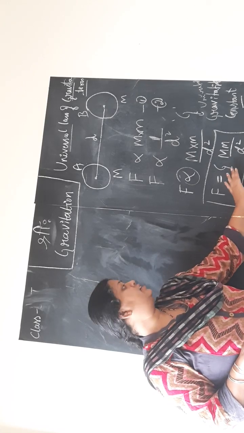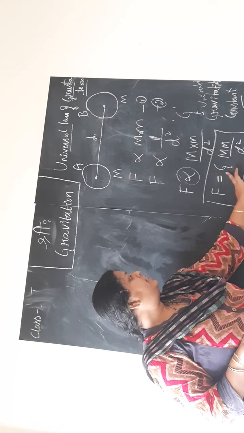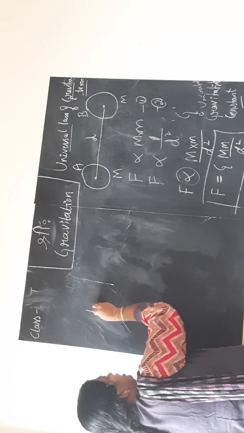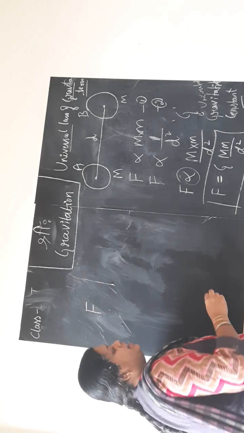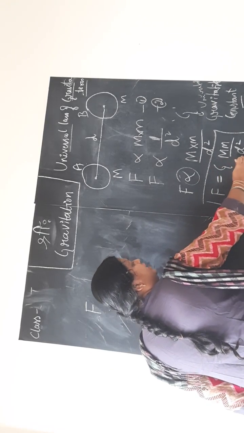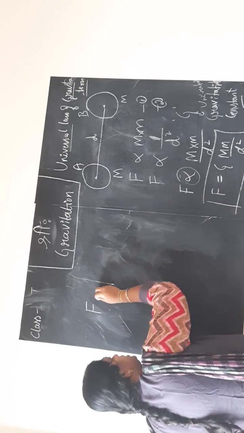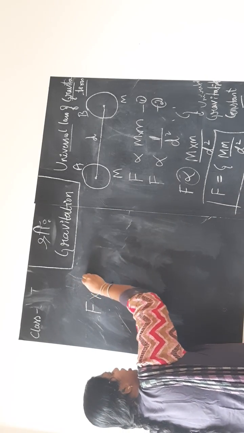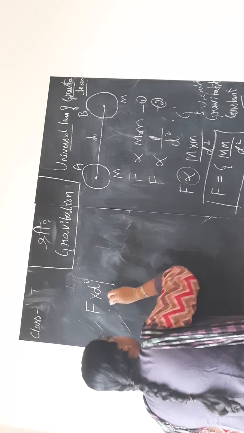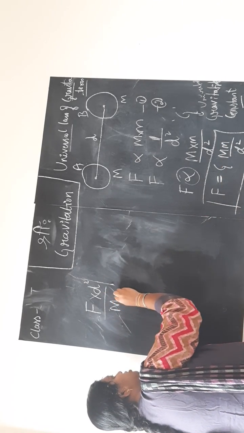By rearranging the terms of this formula and writing the expression for what G is, children, on the LHS we have F, I will write as it is, and I want only G on the RHS. So divided by d square, if I send to LHS, I should obviously multiply it. So F into d square, and M into m, if I send to the other side, division is there, means again I should multiply.